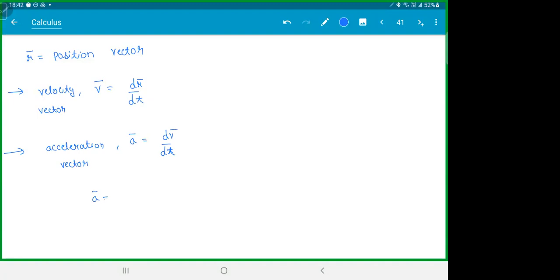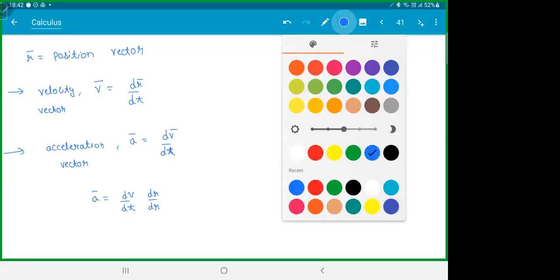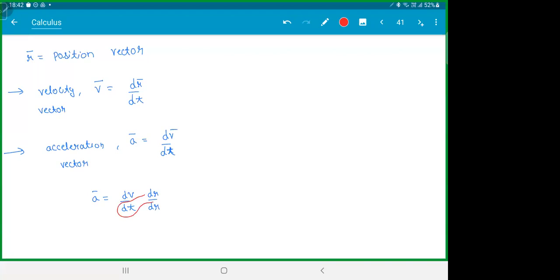So acceleration can also be written as dv by dt, which you can write as dv by dr times dr by dt. This quantity dr by dt becomes velocity. So the formula becomes v dv by dr. So basically acceleration has two formulas.